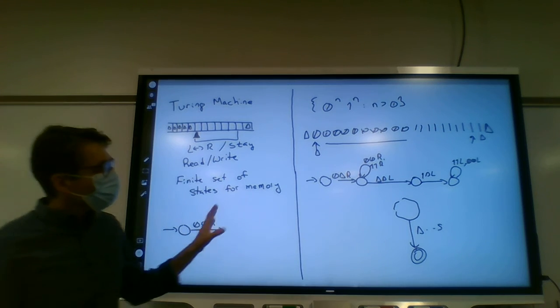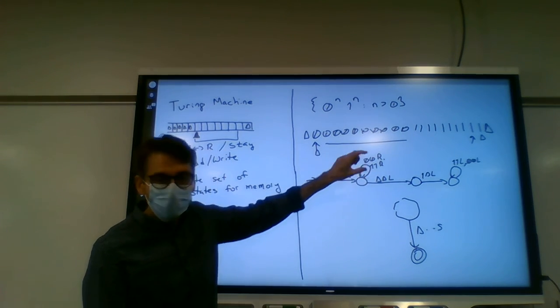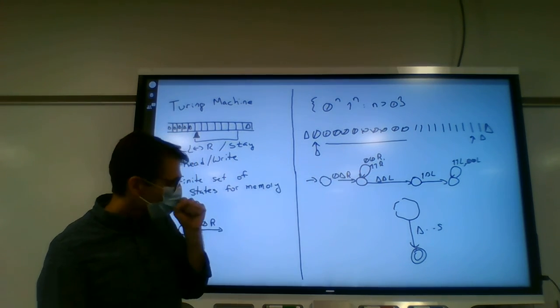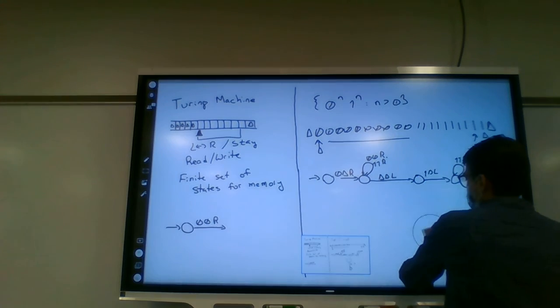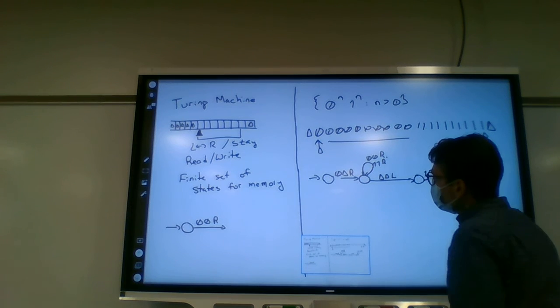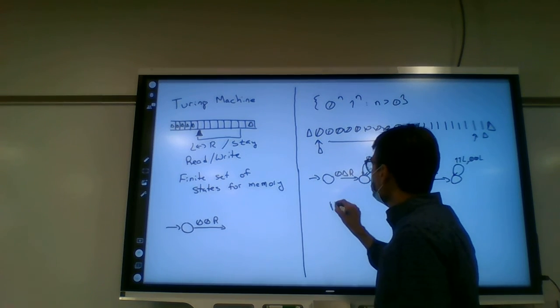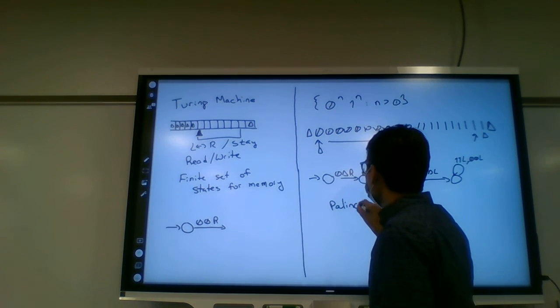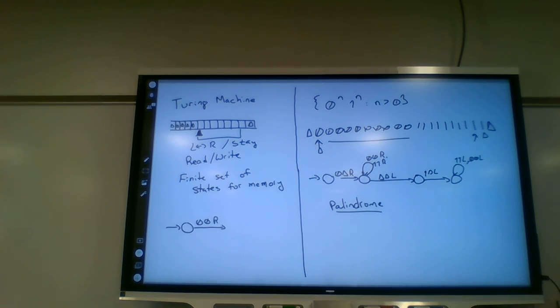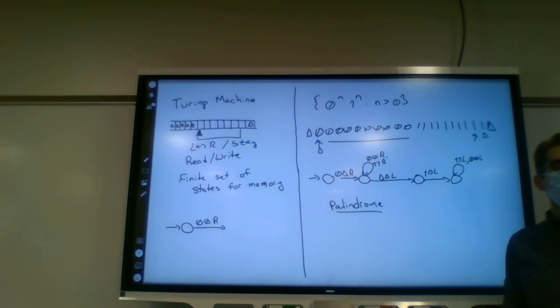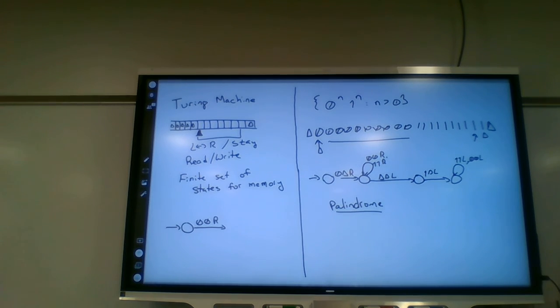Okay, so we want to give you a chance to work with this and try to finish this off and see what you think. So let's think through the idea of palindromes. How would you deal with a palindrome in this case? How would you tell whether or not something is a palindrome?